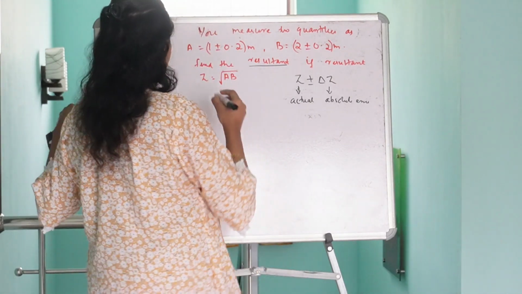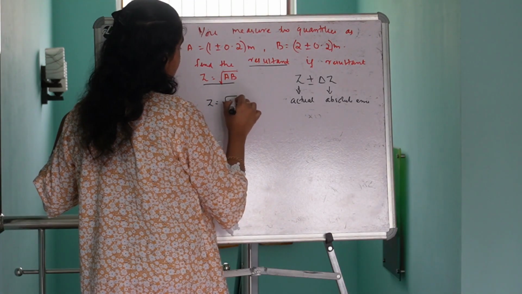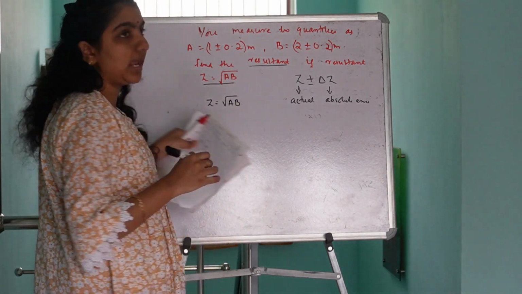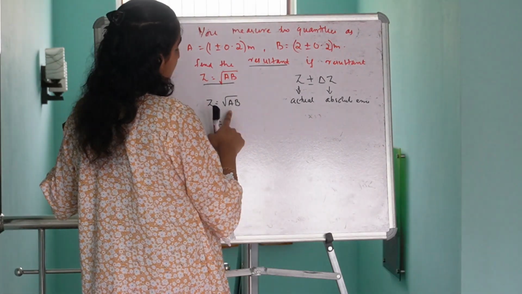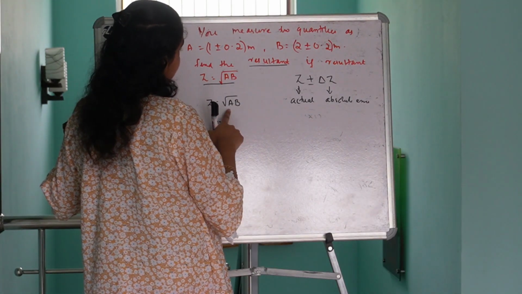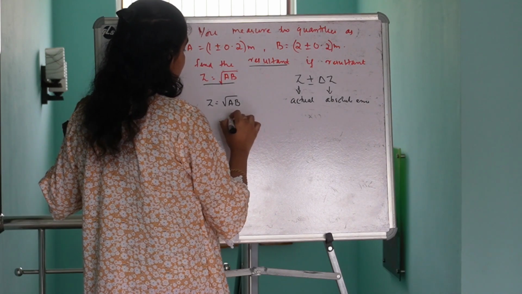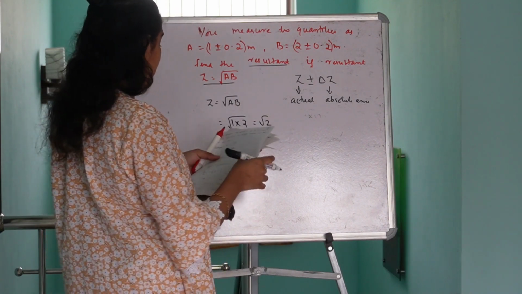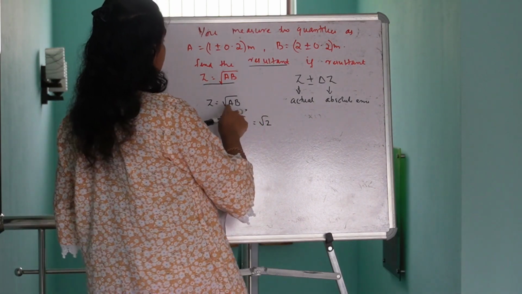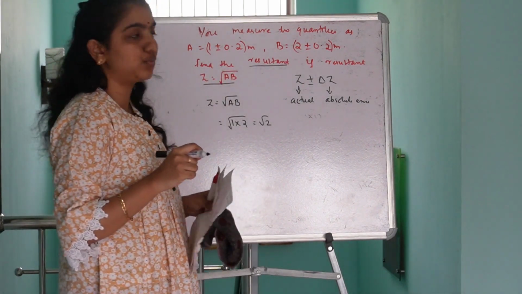Now it is given Z is equal to root A into B. So we can calculate the actual value by simply substituting the actual values of A and B, that is 1 and 2.